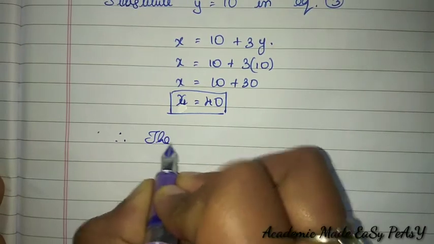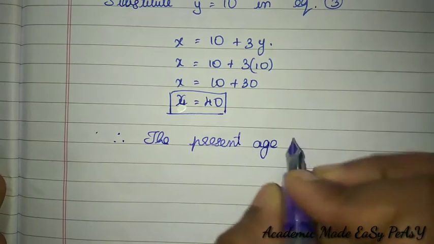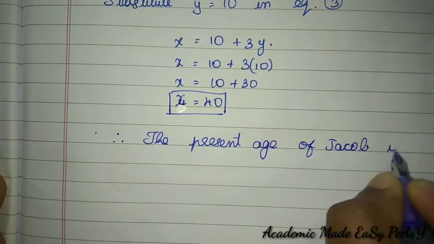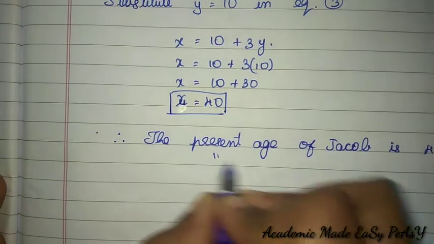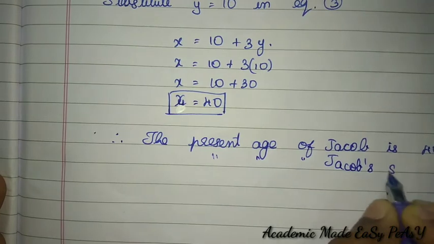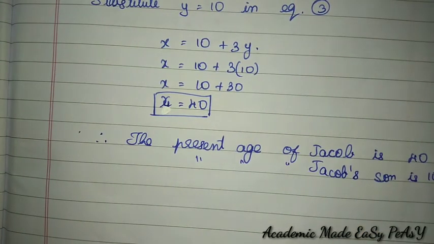Therefore, the present age of Jacob is 40, and the present age of Jacob's son is 10. That's it.